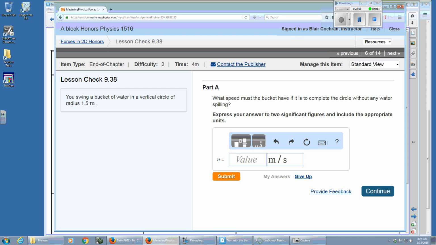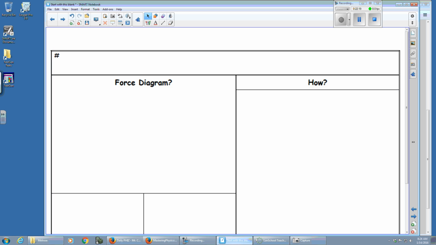And so when it's at the top of the circle, what's providing the force to keep it in circular motion? Gravity. Gravity is what's providing the force.